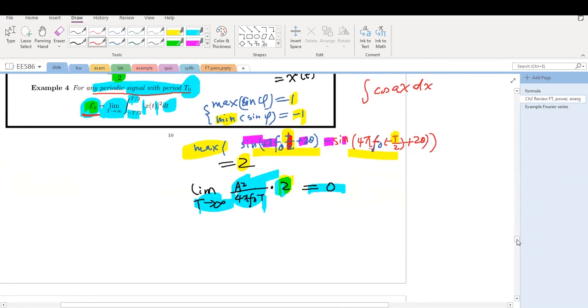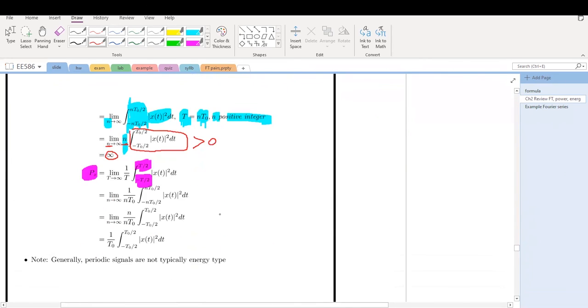So now to calculate the power, we do the same trick. We let big T equal n T naught, and we take the time average, 1 over T, which equals n T naught. And then we take this n out because this is an n-period integral. That really equals n times the integral in one period.